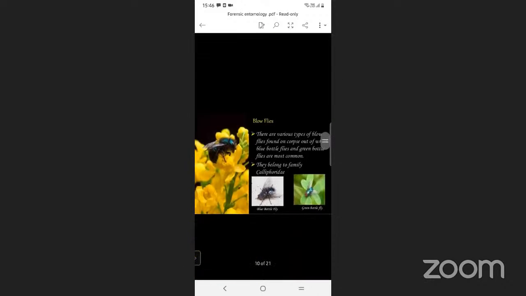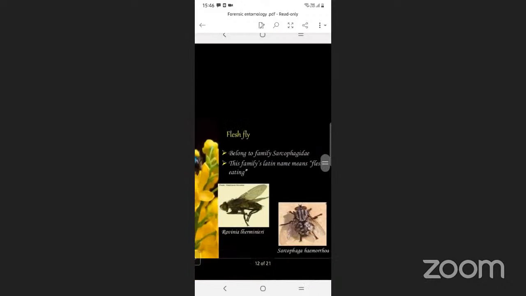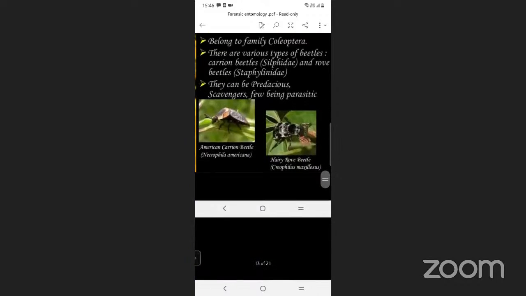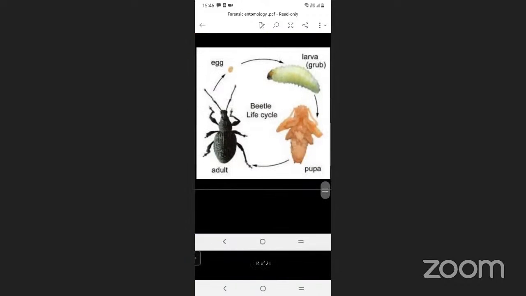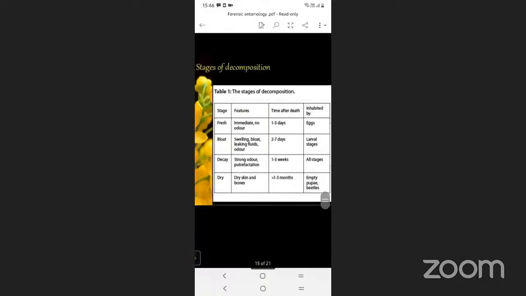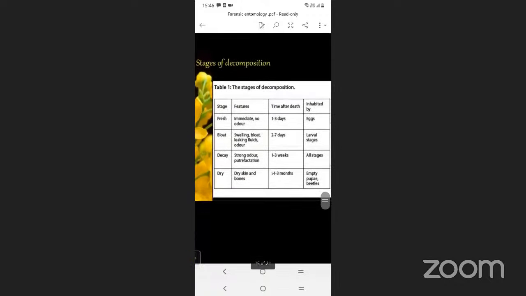Did you get the idea of how to write about forensic entomology now? How to write? It is a very little bit, ma'am. Yes, ma'am. After going through this particular PDF that I am sending, go through that PDF 2 to 3 times whenever you have time. Then open your book.